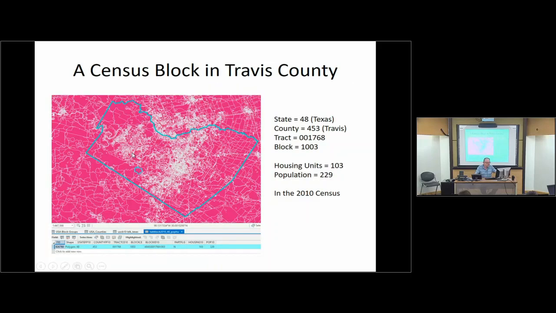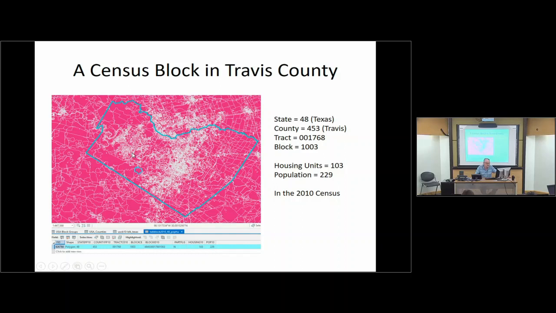And if you do that, then you can isolate the census data for Travis County, and I just made a query here and isolated one of the census blocks. And in this case, I found that this was State 48, County 453, Tract 0001768, Block 1003, and it has housing units 103, and it has population 229.